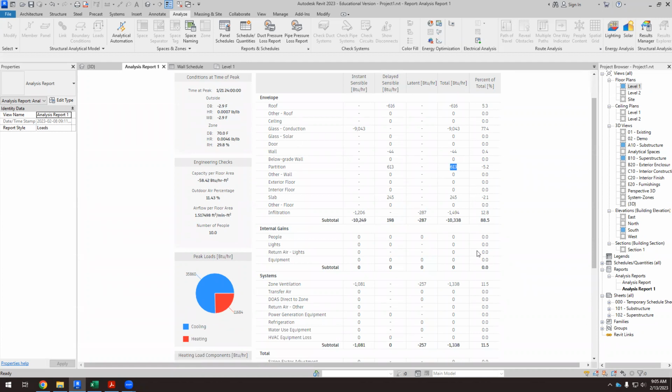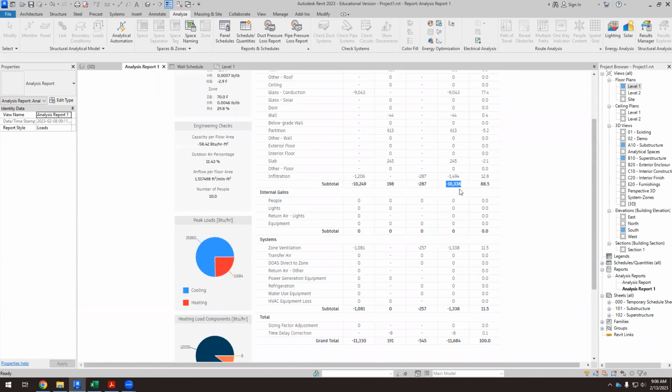Let's look at the envelope, okay? Because I rely on this number better. But here we take into account the infiltration. Yeah, so it's difficult to compare things here in the Revit report and in that one.